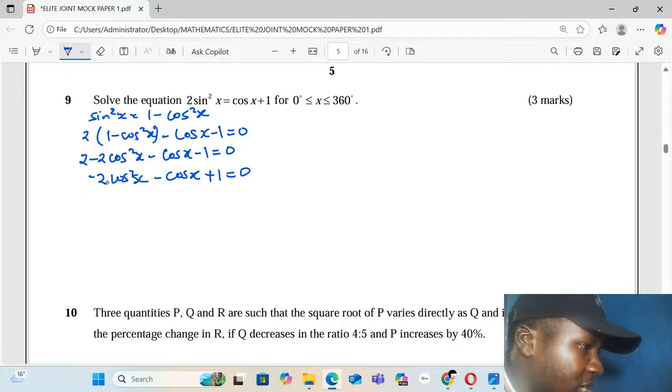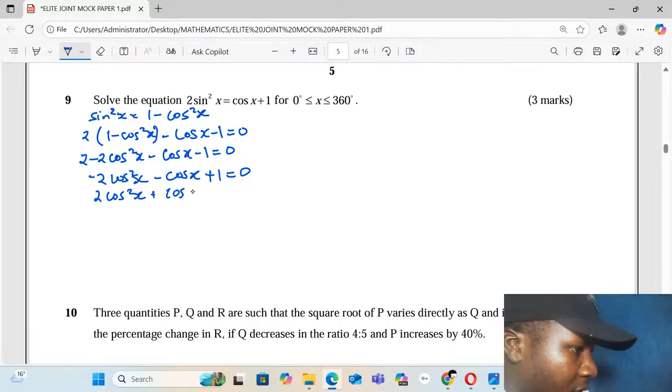The sign here was negative, then it will be positive, this was positive, good, then positive cos x, then minus 1, positive turns to negative, which is equal to 0.